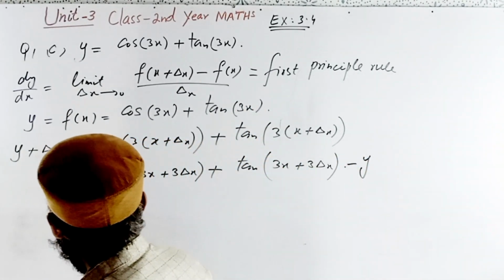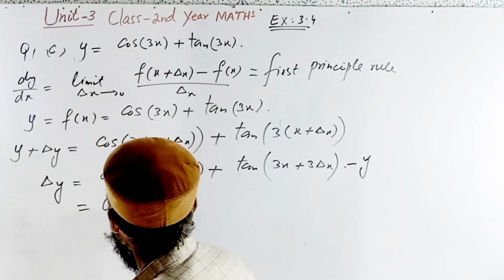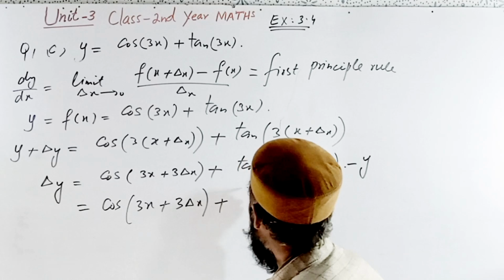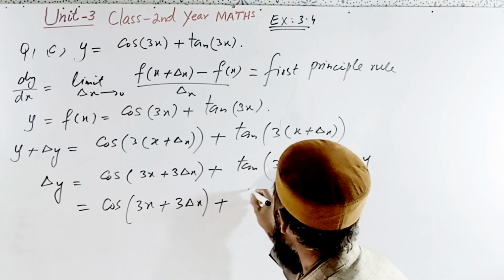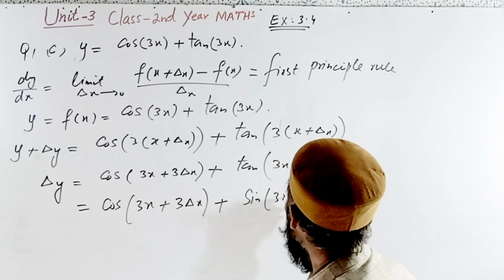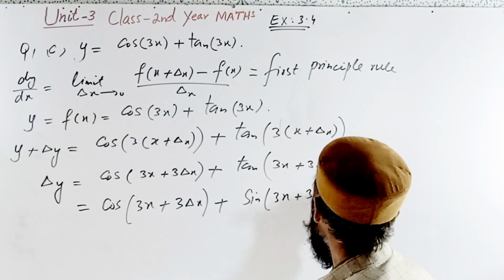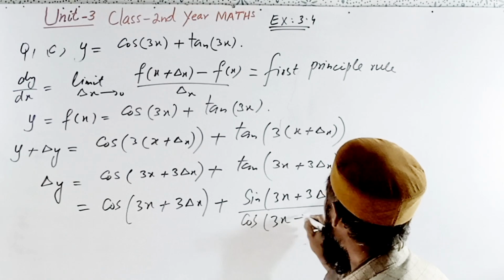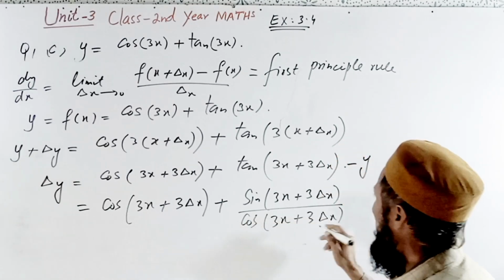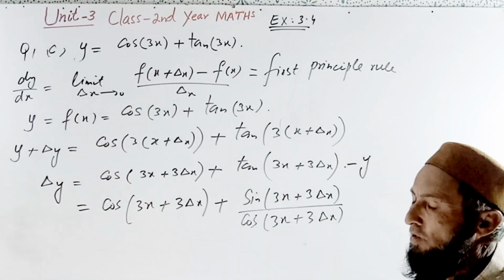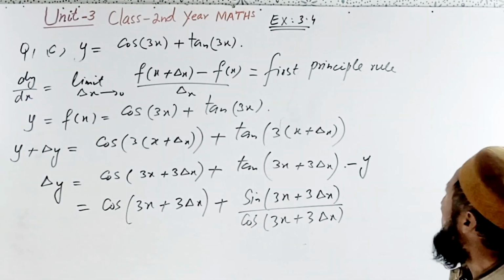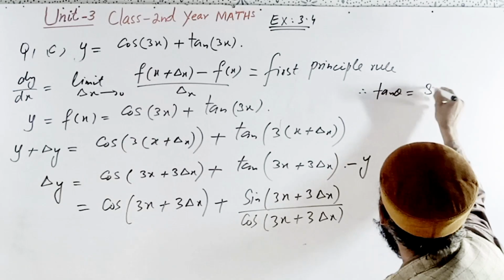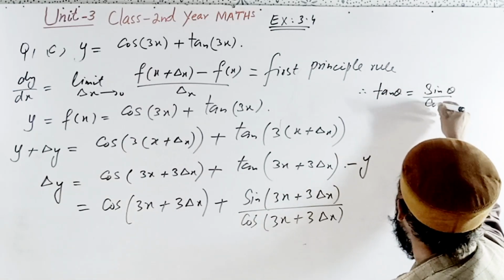So cos of 3x plus 3 delta x plus tangent, which we can write as sine of 3x plus 3 delta x divided by cos of 3x plus 3 delta x, because as we know tangent theta is equal to sine theta divided by cos theta.